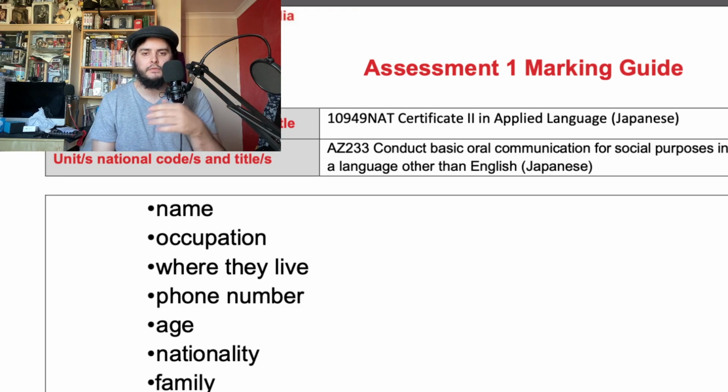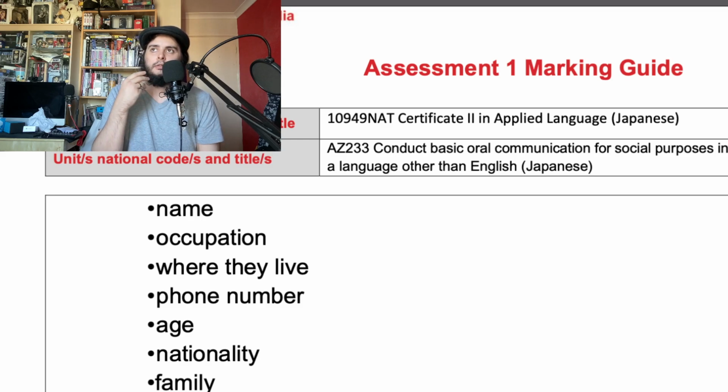So for me saying my mobile in Japanese would be 0421 no. They use no as a space to give the person time to process what you have just said and write it down.